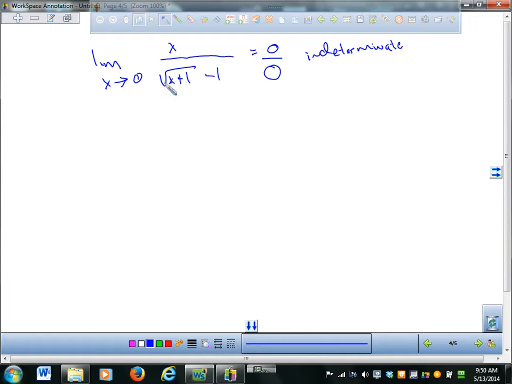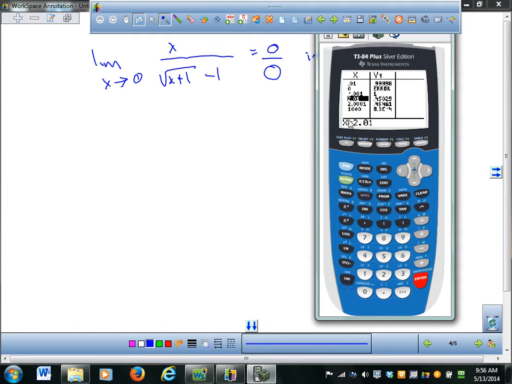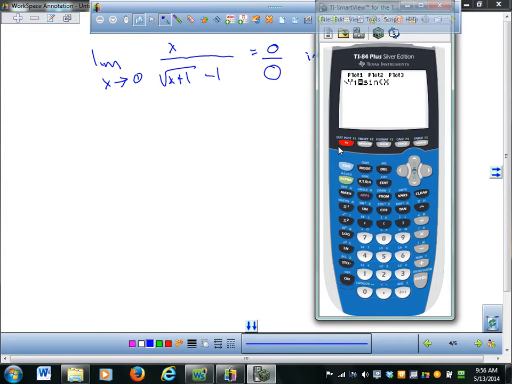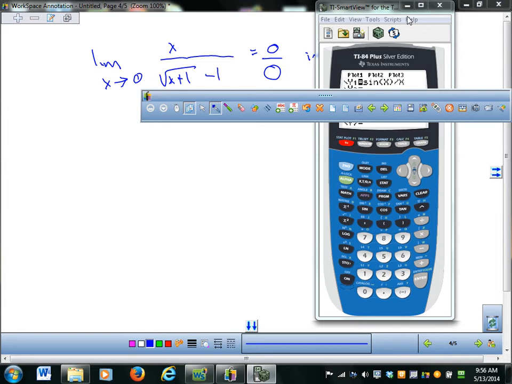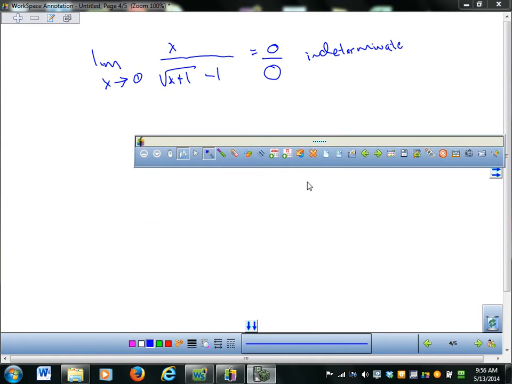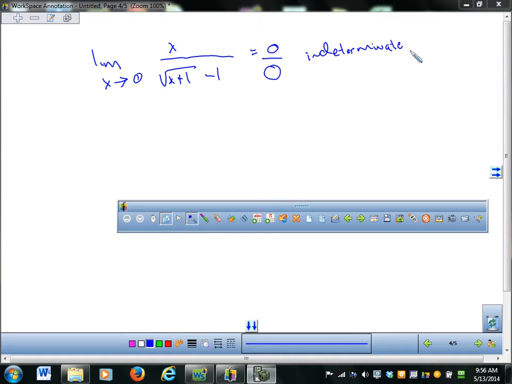So what I have to do is actually use my calculator and plug in values. Let's go back to my calculator, and we'll try to put this in. Y equals x. Well, I'm not going to do it because it'll take too much time. But if I plug in numbers very close to 0, I end up getting a number very close to 2.